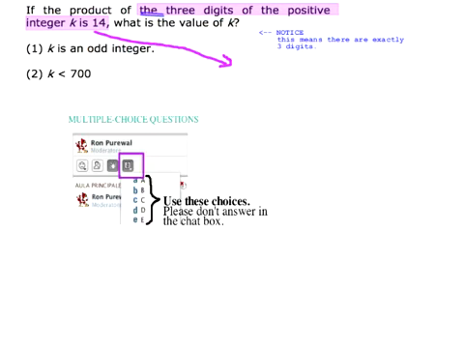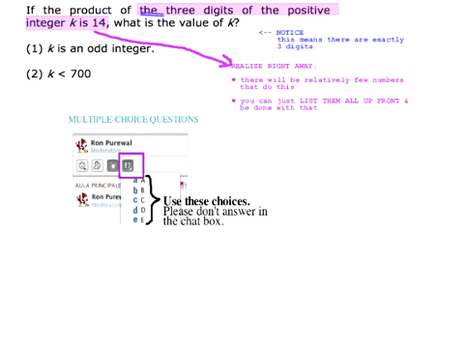What you should realize right away is that there will be relatively few numbers that do this. So you can just list them all up front and then be done with it.